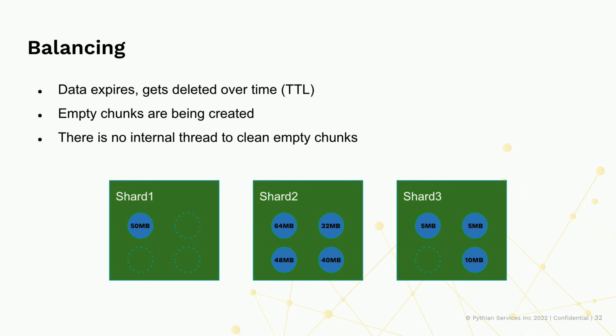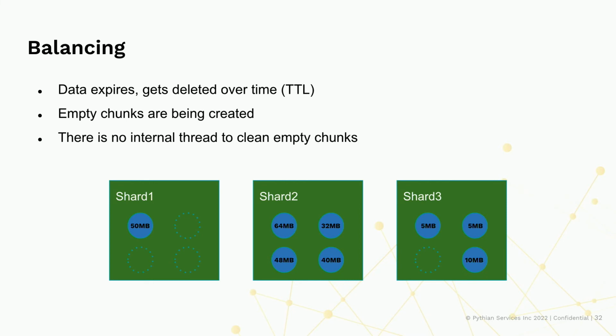Like in this example, we have a TTL index that is expiring the data, and those chunks that are the oldest eventually get their data expired, and every chunk exists as metadata in the cluster with 0 documents. So if you look here, some of the chunks have expired data and are empty, some chunks are expiring so they might be half empty, and other chunks might be very close to 0.